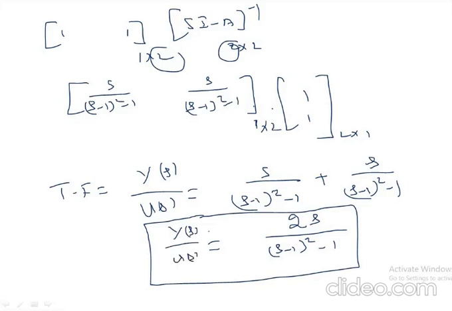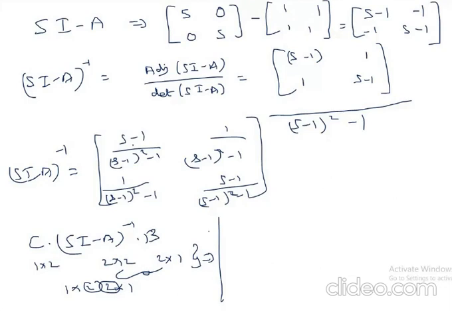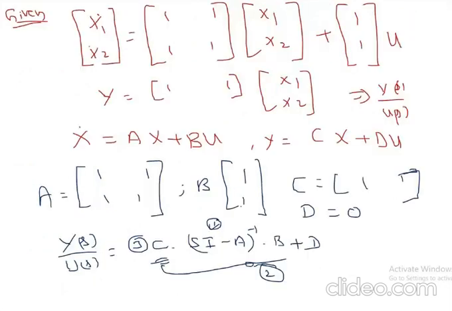From now onwards, for the given question, if they have given A, B, C, D, the formula we already derived is this one. So one by one you need to add or multiply the matrices.